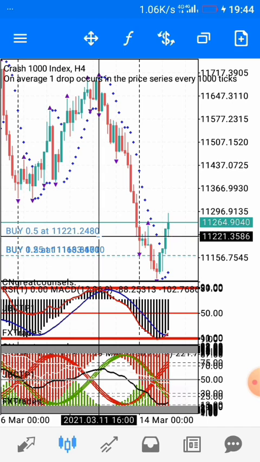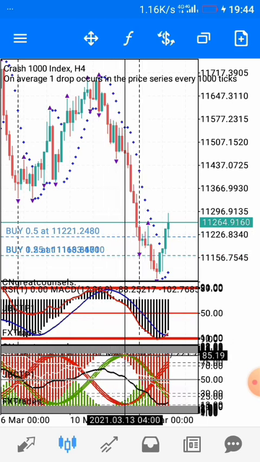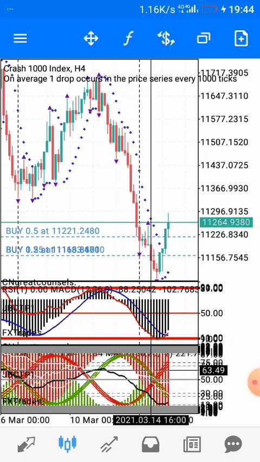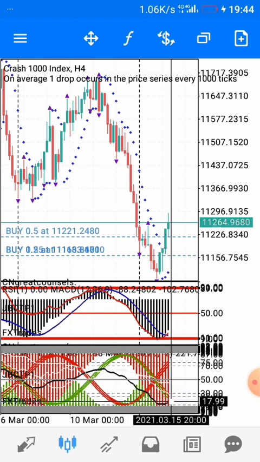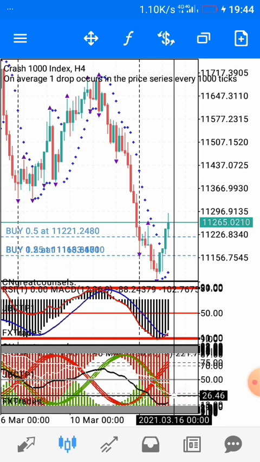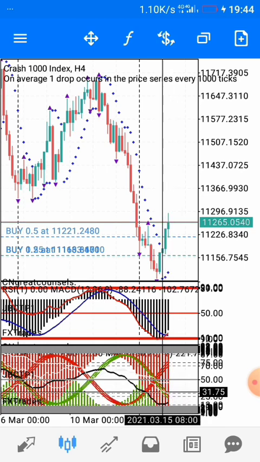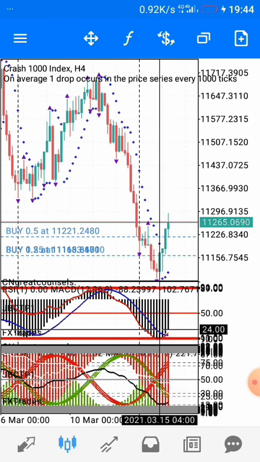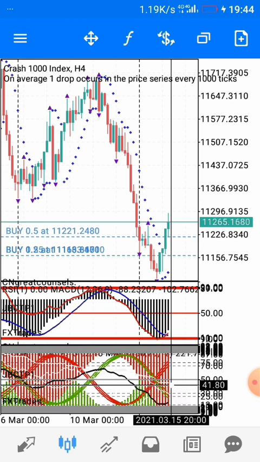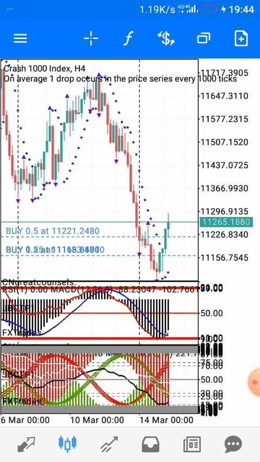Remember I said these are the green MACD signal lines. They must be at the oversold level. Just as you can see, they are at the oversold level, that is below 30 on the second indicator window. So if you see all these conditions, then you are good to go.